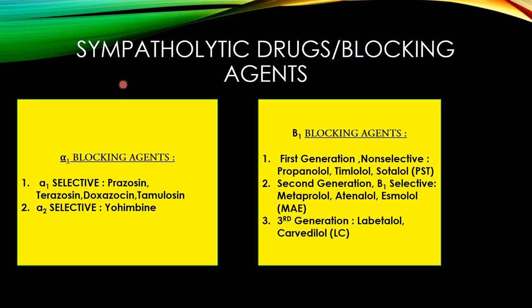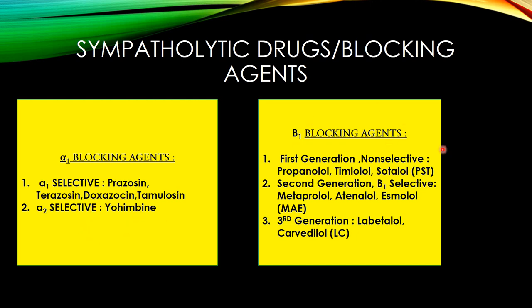Next, coming to the sympatholytic drugs or the blocking agents. For alpha 1 blocking agents, it comprises alpha 1 selective, that is prazosin, terazosin, doxazosin. So students, you can remember the names of the drugs of alpha 1 blockers ending with osin. You can see prazosin, terazosin, doxazosin, and for alpha 2 selective it is yohimbine.